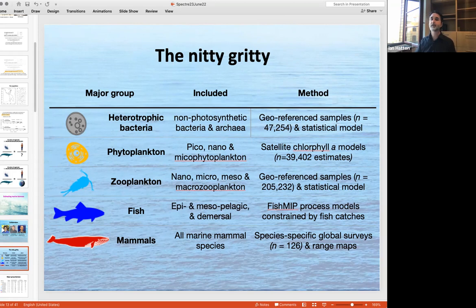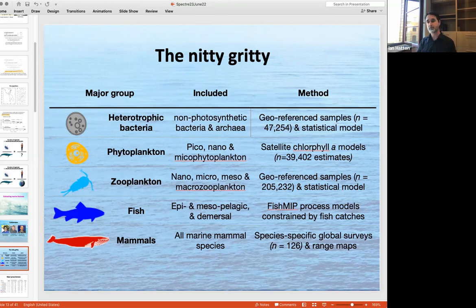And for fish, the task was much more difficult. Not only do they migrate over vast distances, they school, they actively escape capture. You need large nets over large areas to obtain representative samples. But more problematic, we were trying to reconstruct their biomass from 150 years ago.